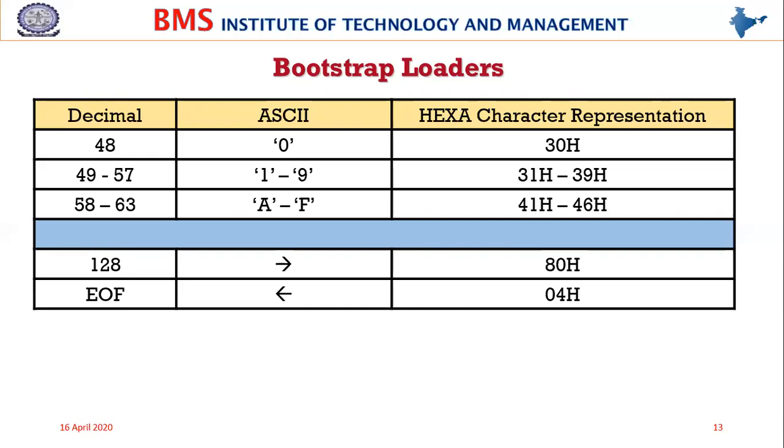Your entire SIC or SIC/XE program is made up of 1 to 9 and A to F, whether addresses or mnemonics. Mnemonics, operands and addresses will all come in hexa. Apart from this, 0 is treated as 30H, the end of the file has a special representation, and the starting address is 80H. So these many hexa values we should know, so as to load this operating system into memory at location 80H.